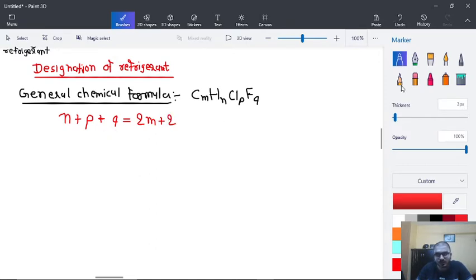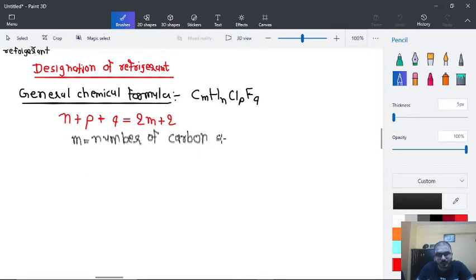Here M is equal to number of carbon atoms.